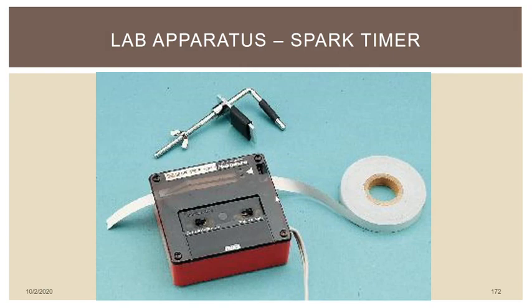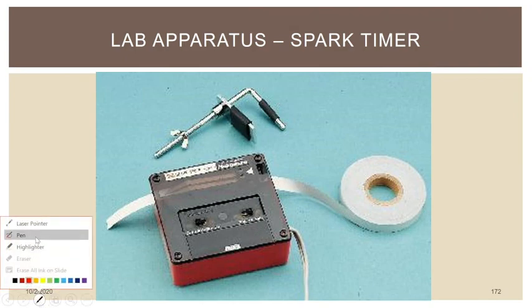A spark timer is a really old device, but it's pretty useful, because it feeds paper through the device, and the device literally makes sparks. What's nice about it is it makes sparks at set time intervals.